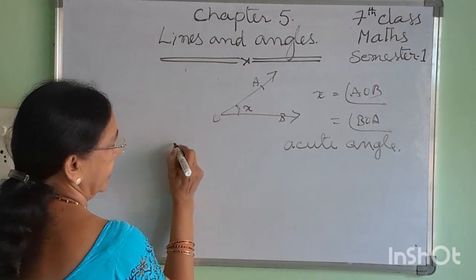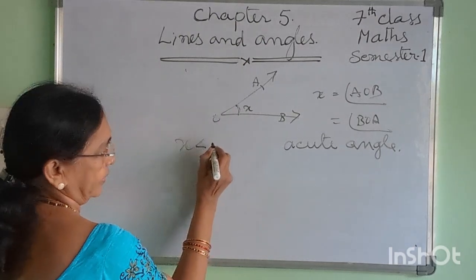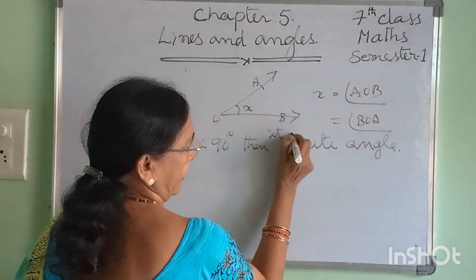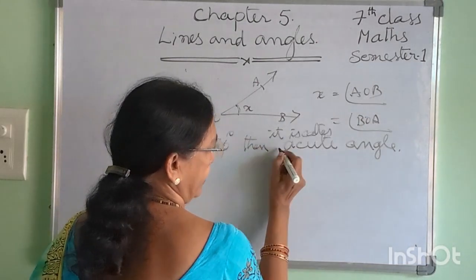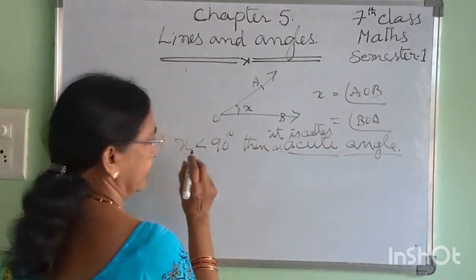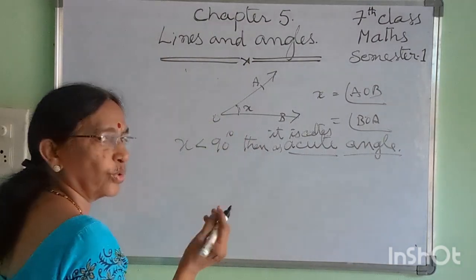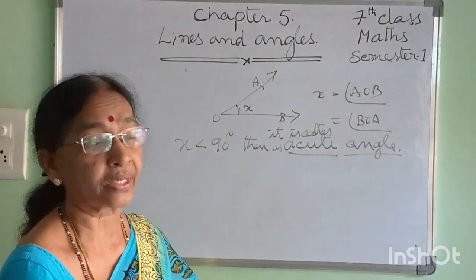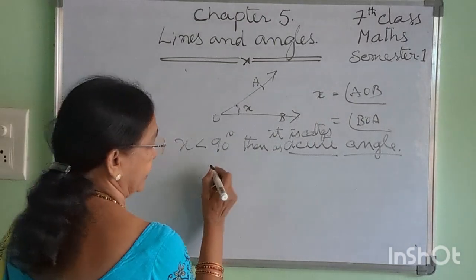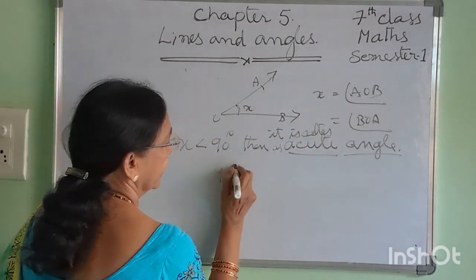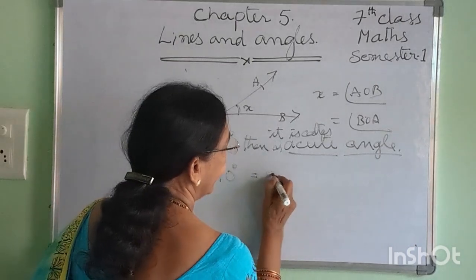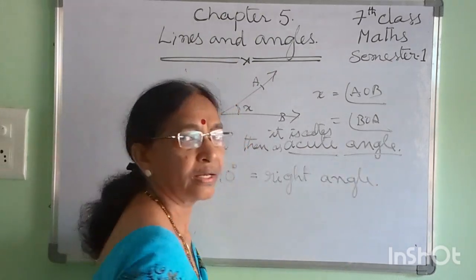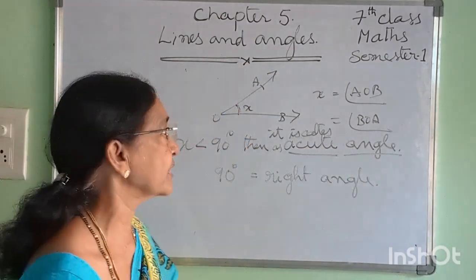If x is less than 90 degrees, it is called an acute angle, whatever it is, 88, 89, or 89 point something. If x is equal to 90 degrees, it is called a right angle.